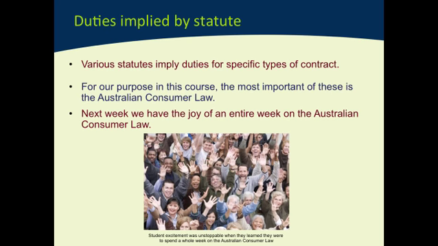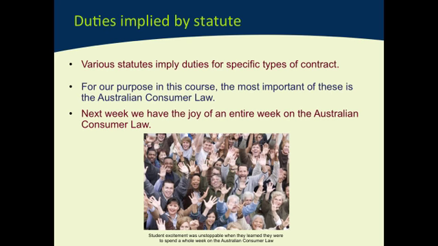For our purpose, the most important set of implied duties come from the Australian consumer law. Next week, when we talk about the Australian consumer law, you'll see that the ACL provides a bunch of what we call consumer guarantees, and that these are written in to, or implied in to every contract. And as we learned last week, not only are they implied into every contract, but they can't be overcome.